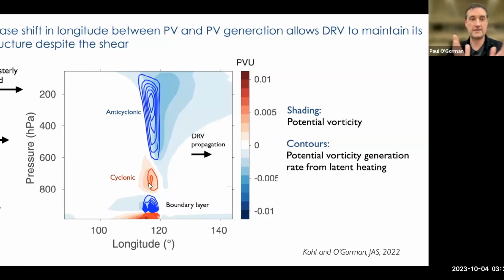And so the whole structure will propagate to the east, but it can keep its same structure due to these slight offsets. So this fits in very nicely into our understanding of how normal modes grow in baroclinic instability in general, just with this twist that it's all happening through the latent heating. And we don't have a wave-like structure, we just have this isolated structure.